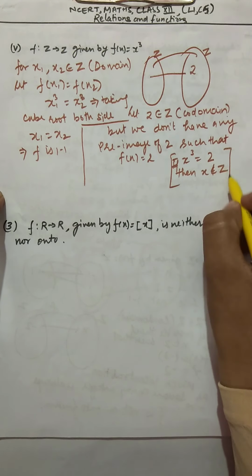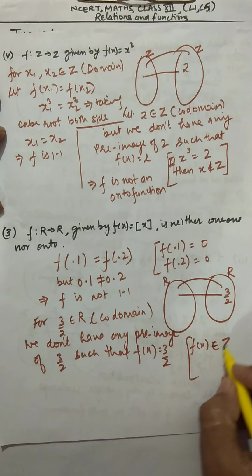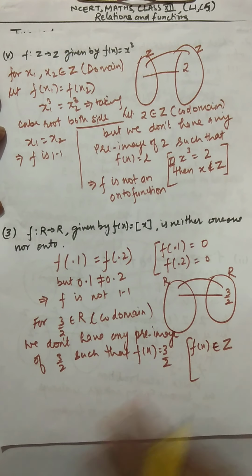So we take the example: 3/2 belongs to R. Please mention here also that R is the codomain. We don't have any preimage of 3/2 such that f(x) will be equal to 3/2. You may mention that f(x) belongs to the integers.